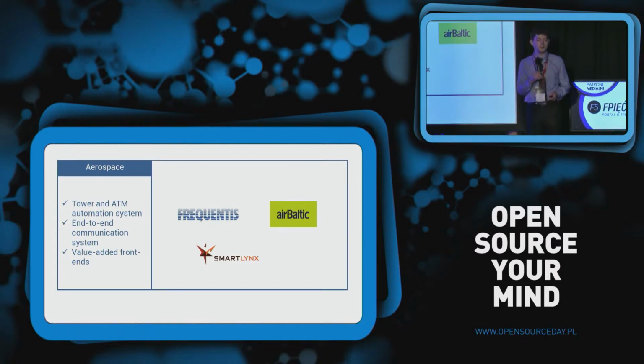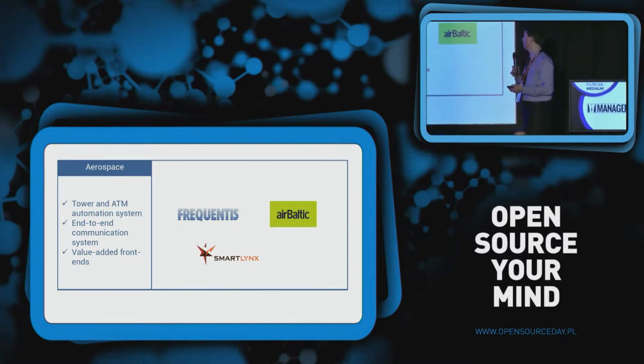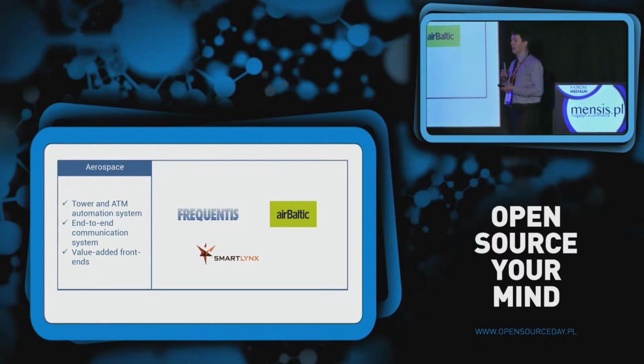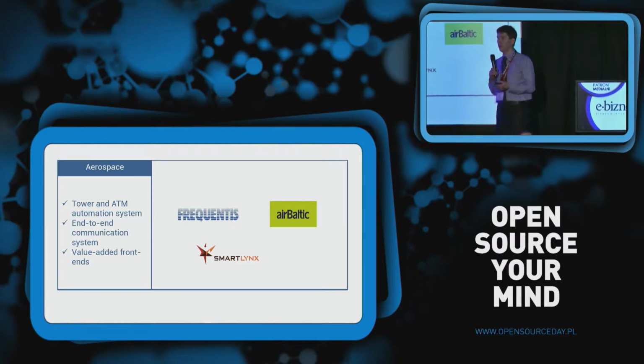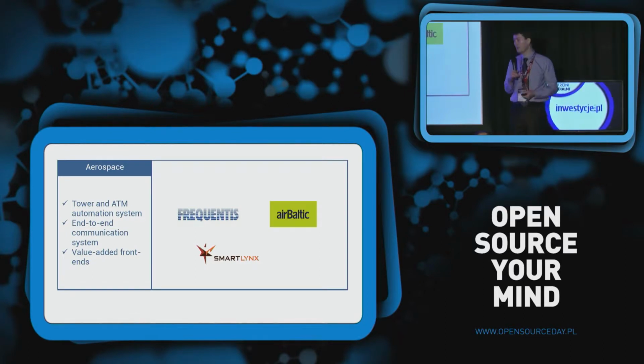It needs to be nearly 100% available. And Zabbix is used to monitor the whole platform. I'm very happy because these are really mission-critical environments, and the companies have trust in Zabbix to use it in such environments.